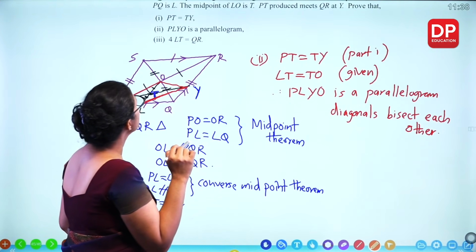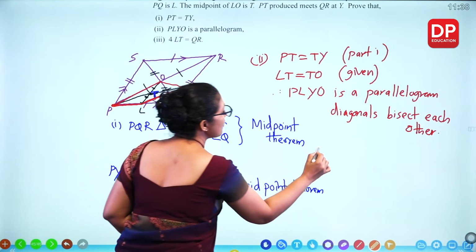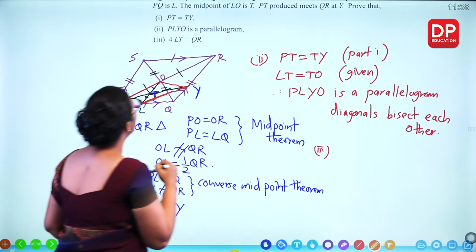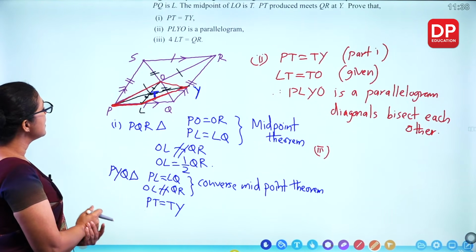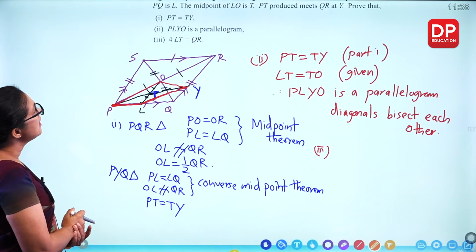Now the third part. 4 LT is equal to QR.